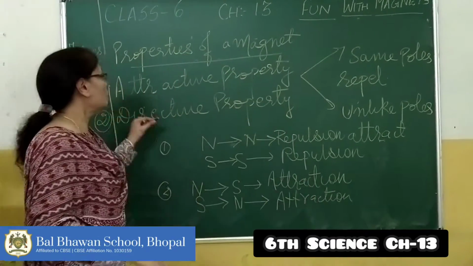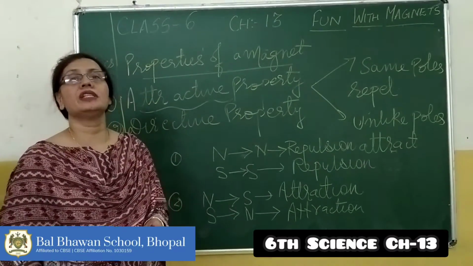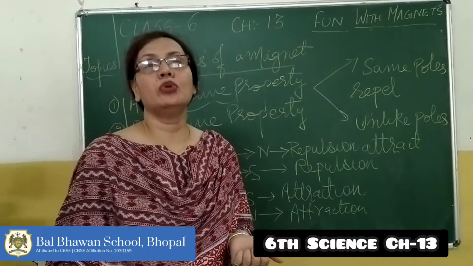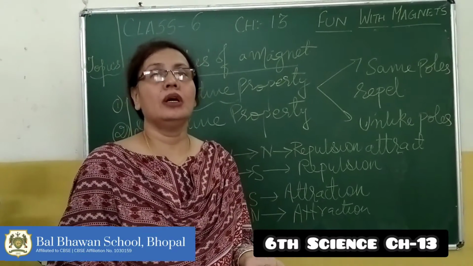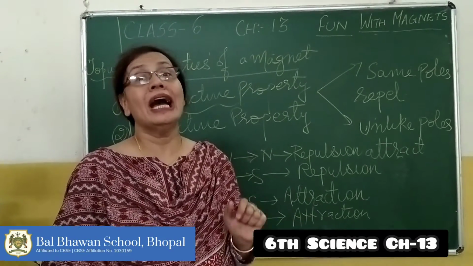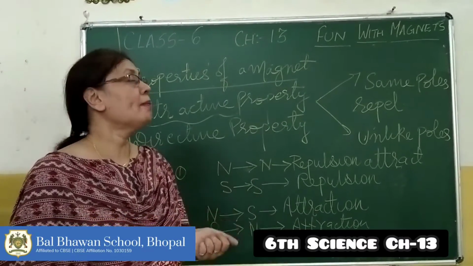So we can conclude from this that like poles always repel each other, whereas unlike poles or dissimilar poles attract each other. This property is called the attractive property of a magnet.